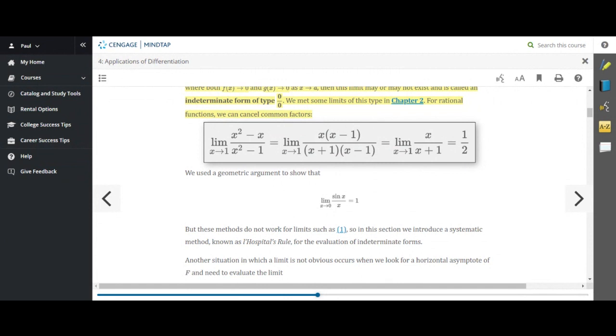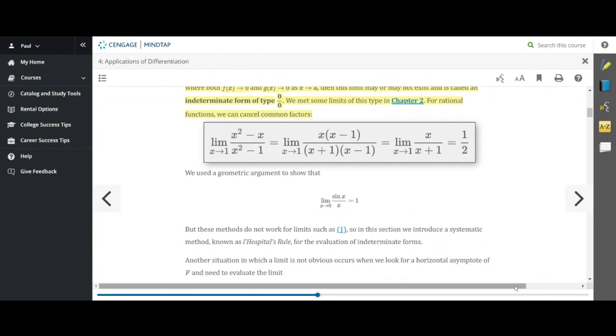How many saw problems like that in their Calculus 1? Okay, Javier and Ange remember that. Sure, and that's fine.